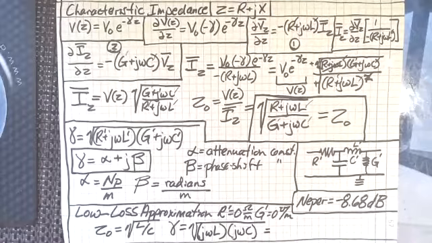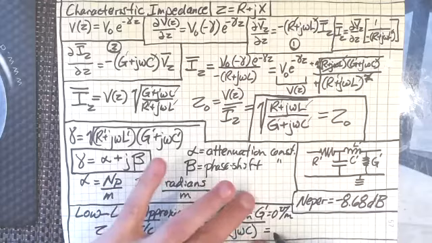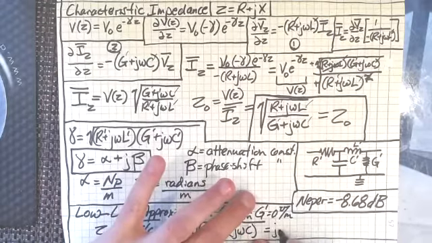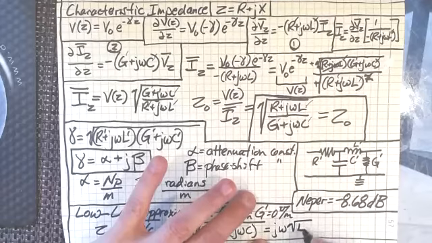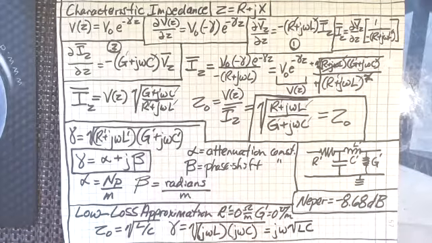Now, let's do that. I've got j squared omega squared LC. So if I take the square root of that, that gives me j omega times the square root of LC. Does everyone see that?